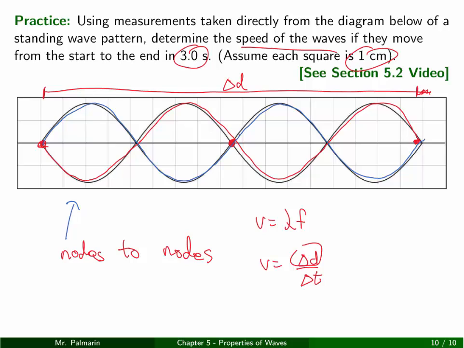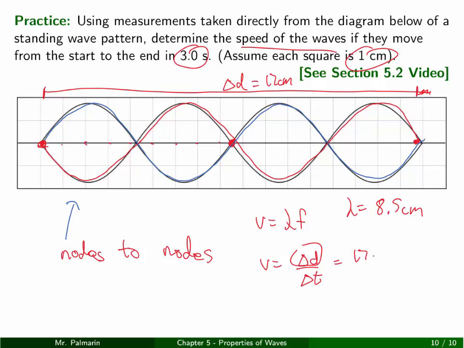In phase points, which means we have 1 square, 2 square, 3 square, 4 square, 5 square, 6 square, 7 square, 8 square, 8.5. Okay, so a wavelength here is 8.5 centimeters, which means the total distance, delta D, will equal 17 centimeters because you're going to multiply that by 2.